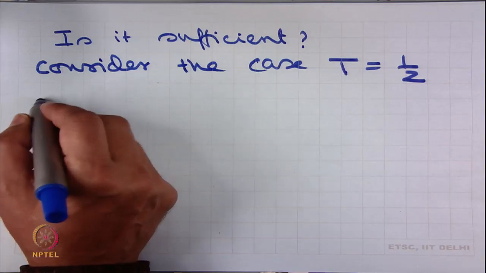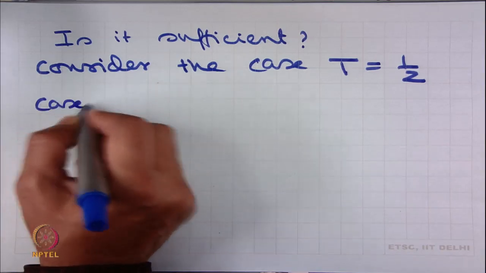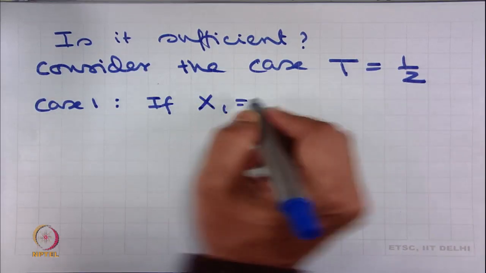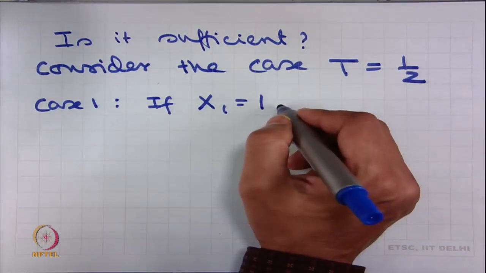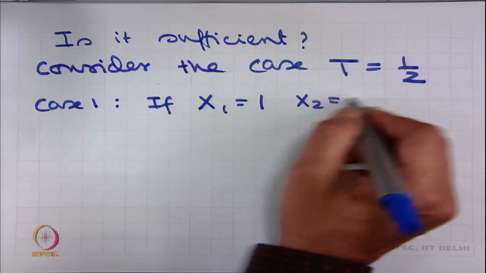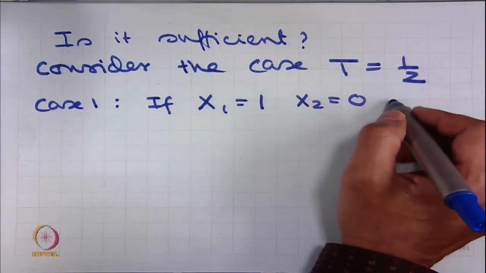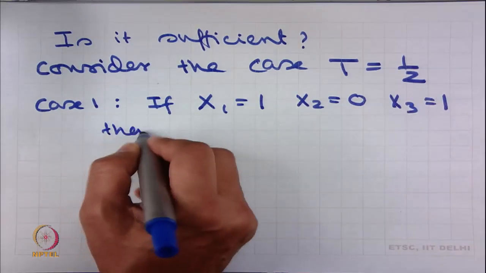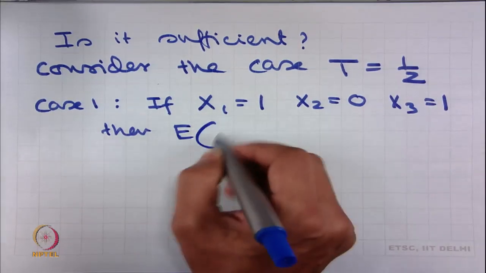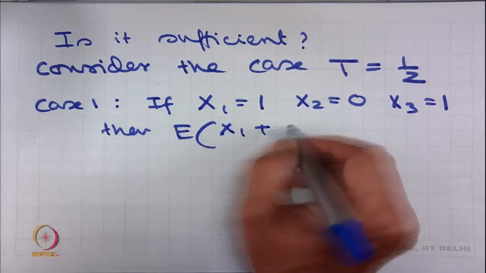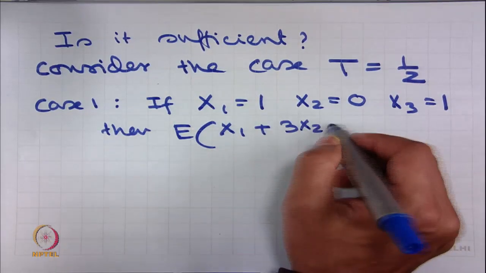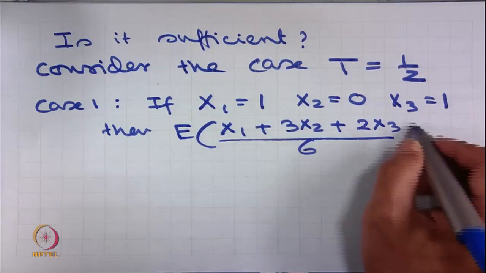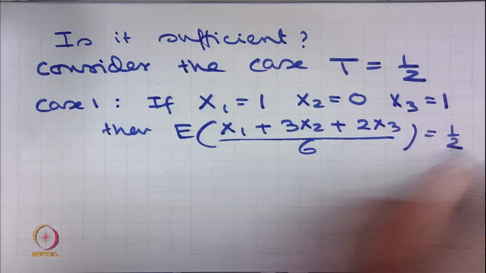So, case 1, if X1 is equal to 1, X2 is equal to 0 and X3 is equal to 1, then the value of X1 plus 3 X2 plus 2 X3 upon 6 is equal to half.